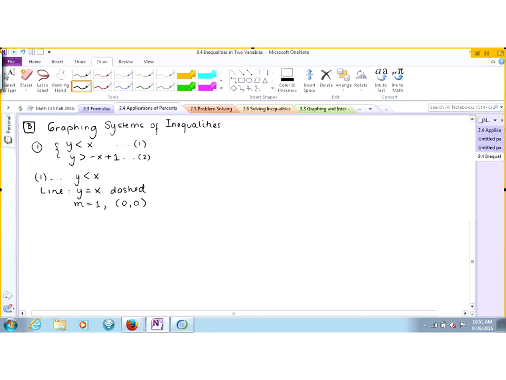So y equals x is dashed. So slope is 1. Now, let's graph it first. So I have to give space for the other one also. All right. So I'm going to use 1 page per problem or system. So by the way, is everybody clear about slope equals 1, those things?